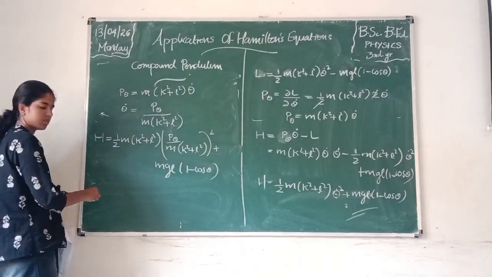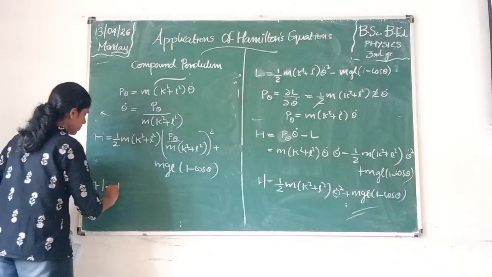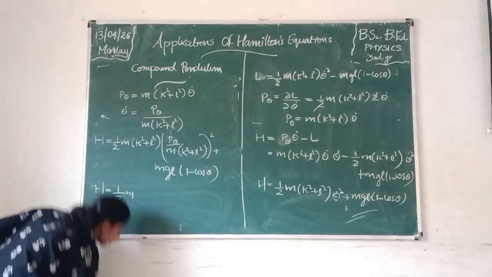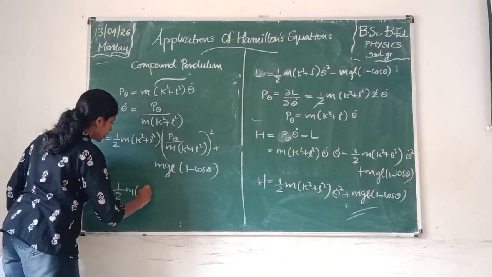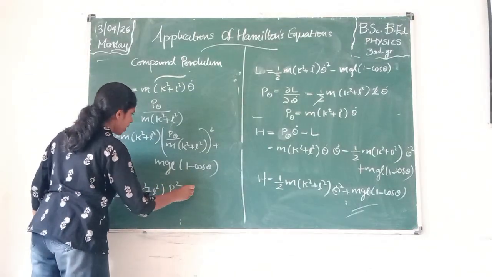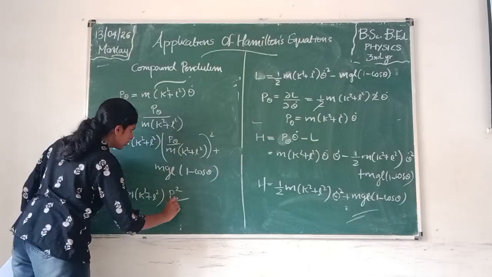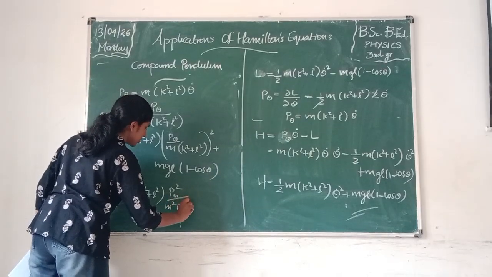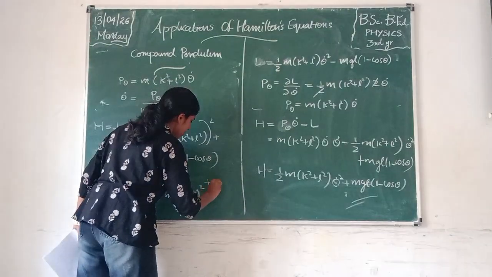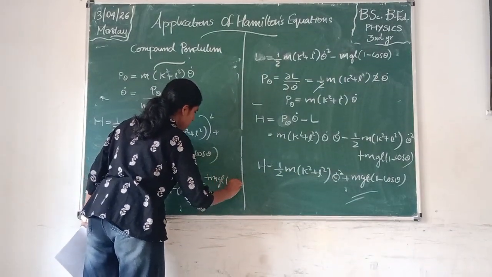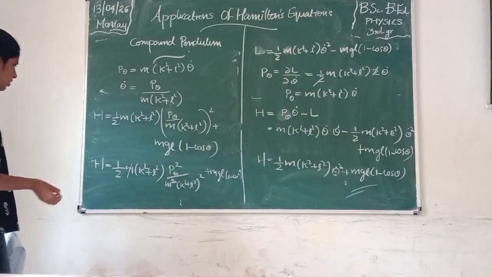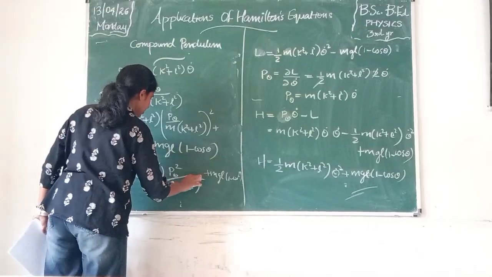So H is equal to half m p theta square into k square plus l square, by m square into k square plus l square, the whole square, plus mg into 1 minus cos theta. Here m and k square plus l square will cancel.